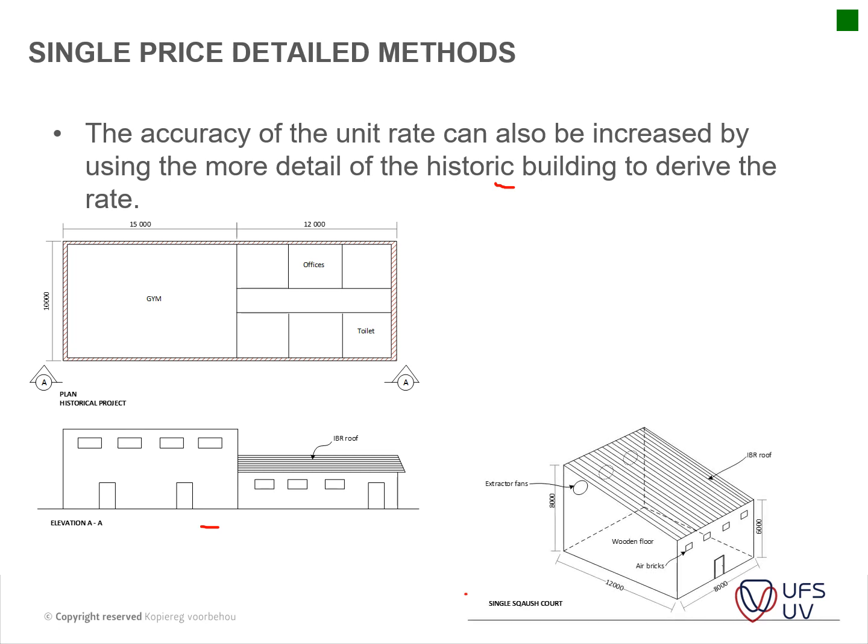So we had a new squash court that was being developed, but there's no single item that could be used the same. Like for instance, you had a gym with wooden flooring, and your squash court also had wooden flooring, so you could use the rate per square meter for your wooden flooring and apply it here. But it had a concrete roof, which you couldn't apply to your new building.